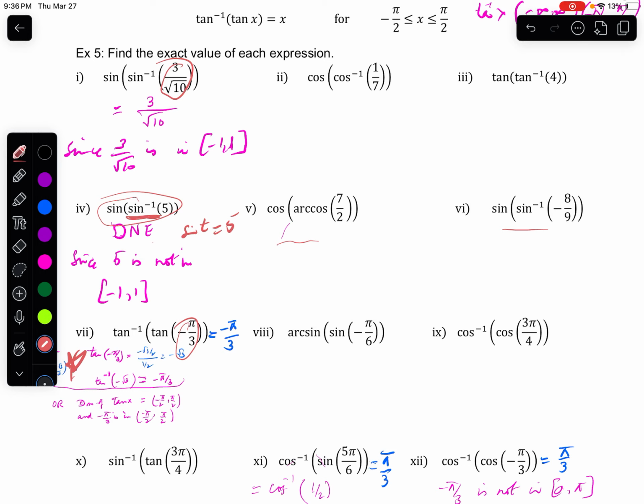So the domain of tangent was, remember, negative pi over 2 to pi over 2, which you can think of as an interval, or on the unit circle.